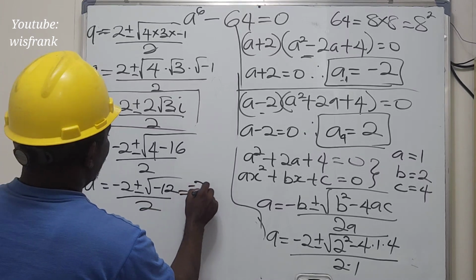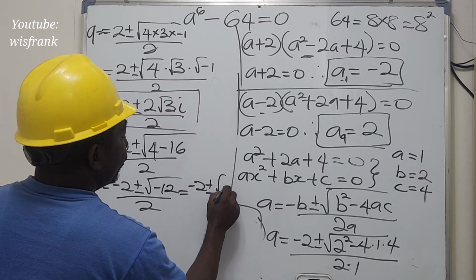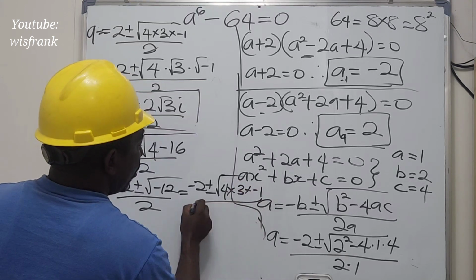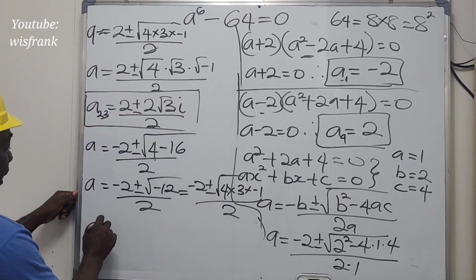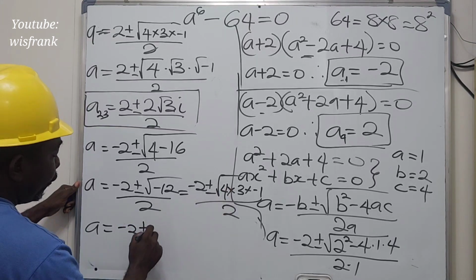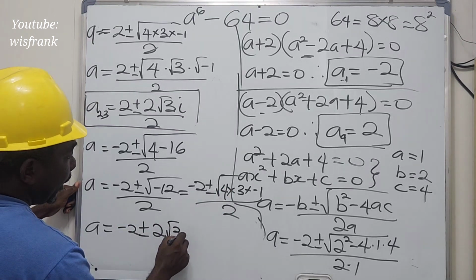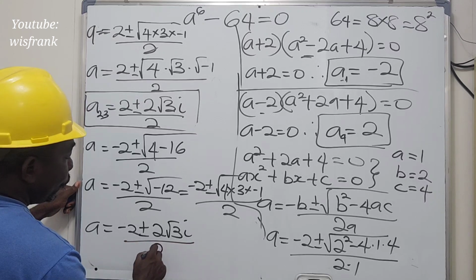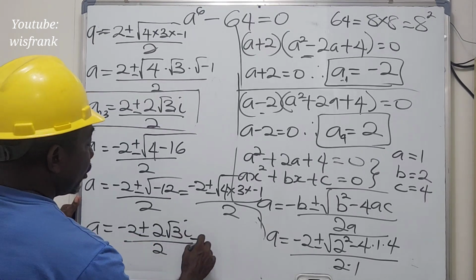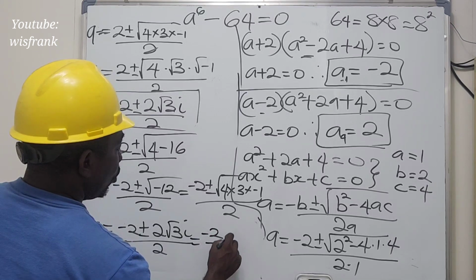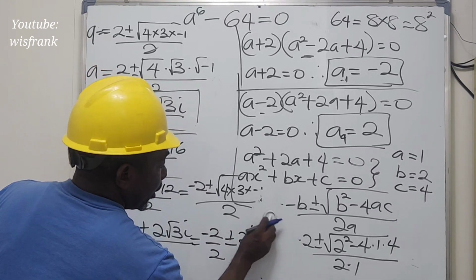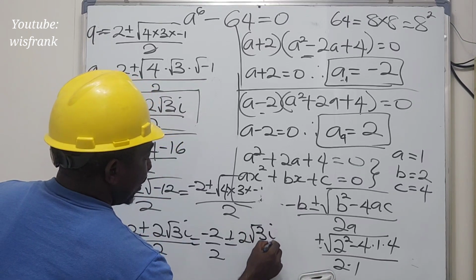This will give us minus 2 plus or minus the square root of 4 times 3 times minus 1 all over 2. So this will become a equals minus 2 plus or minus 2 root 3i all over 2. We can separate this into minus 2 all over 2 plus or minus 2 root 3i all over 2.